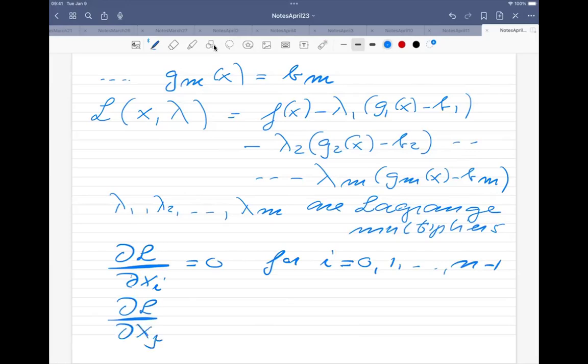So this should be a lambda. Let me just write that in a better way. And this will be for j equal 1, 2, all the way up to n. So these are then the Lagrangian multipliers. And one way to see this is actually through another example. So let's take a look at a new example.